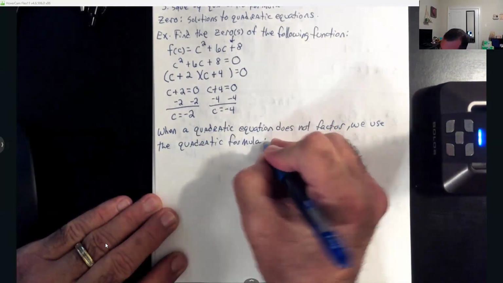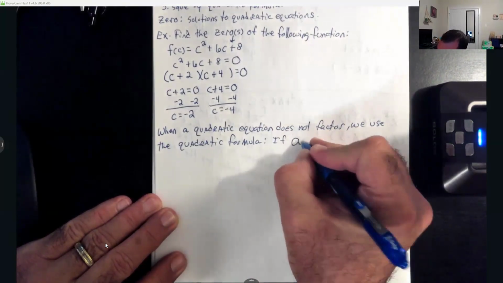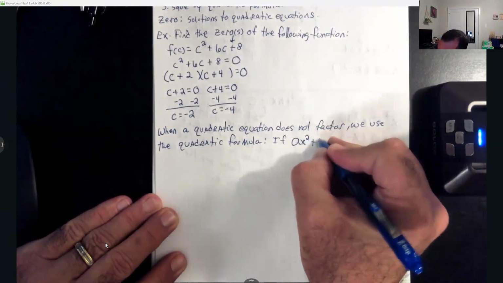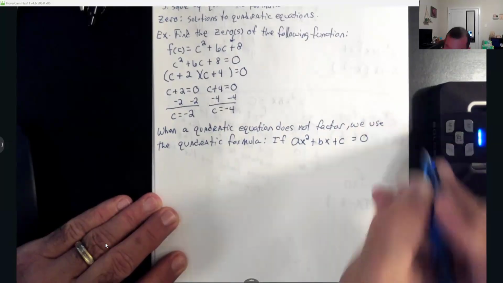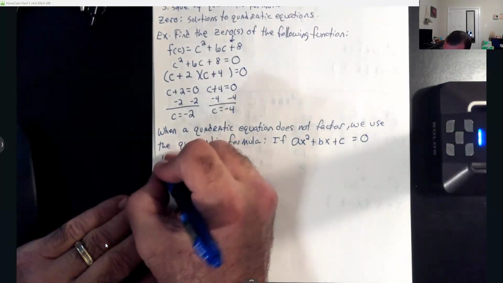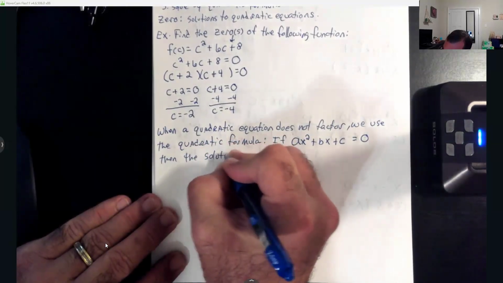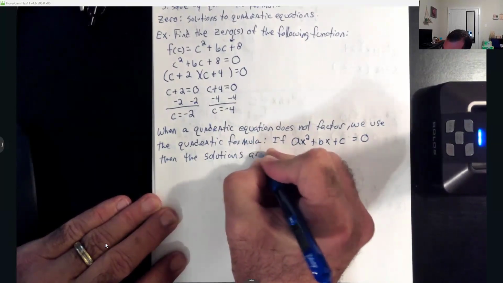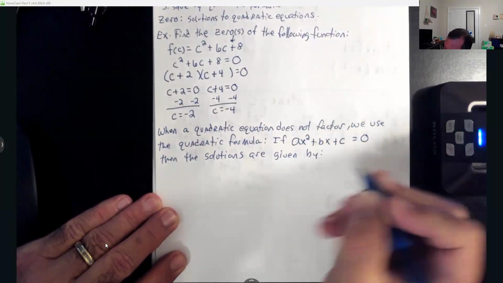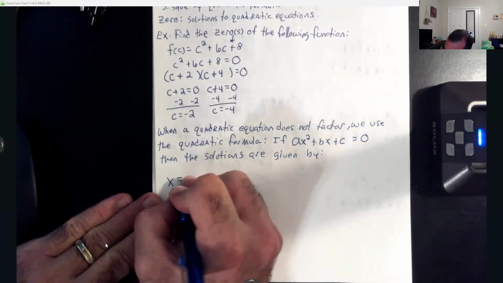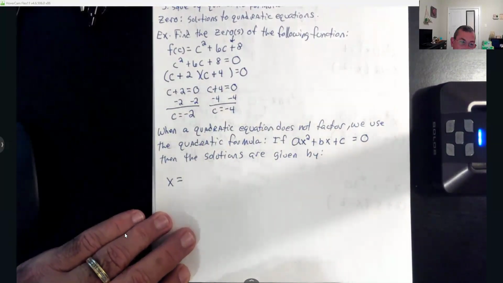we use the quadratic formula, okay? So the quadratic formula says if ax squared plus bx plus c equals 0, then the solutions are given by x equals, all right, so this is the fun one y'all learned in school.